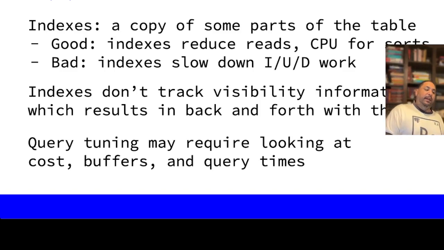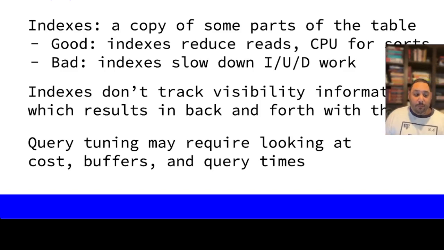The bad part being, because we're increasing our disk footprint and all that, that's going to slow down insert, update, delete work by adding those indexes in. It might make insert, update, delete queries faster, potentially, but the overall amount of work that has to be done is more work for a given insert, which means that the physical writing piece of that is doing more work, and that part can get slower.